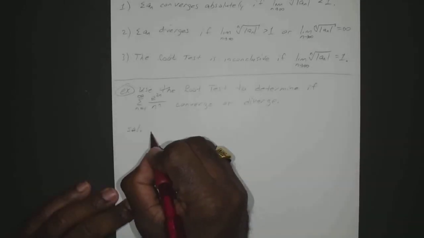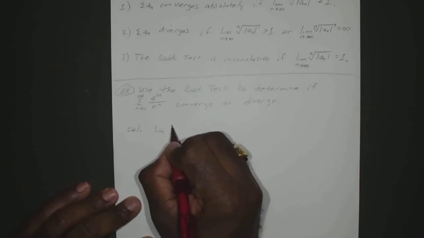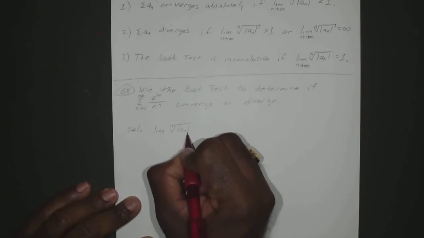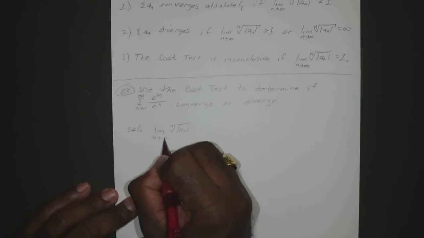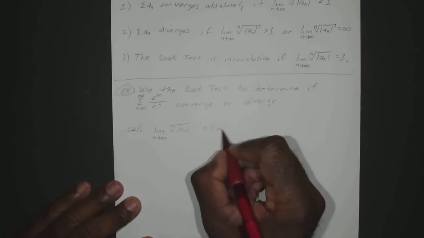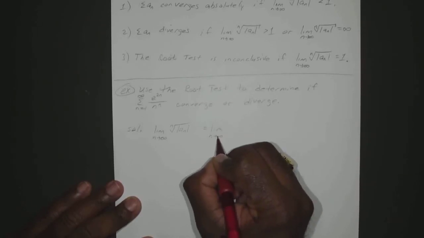Okay, so you know with the root test, you have the limit of the nth root of the absolute value of A sub n as n approaches infinity, which equals the limit as n approaches infinity.